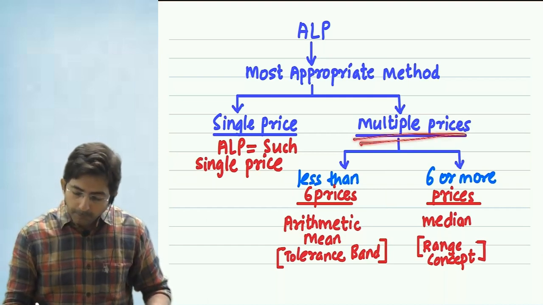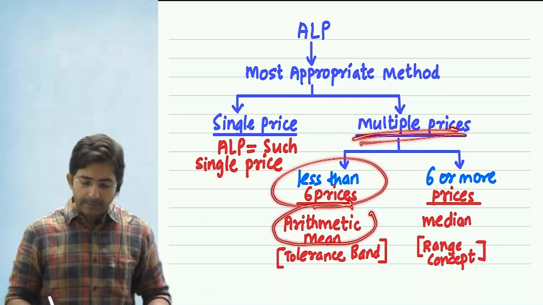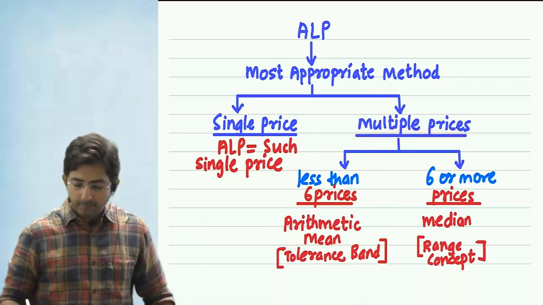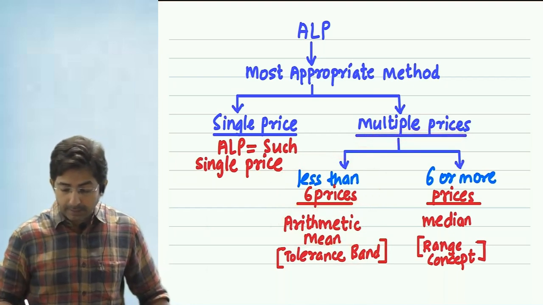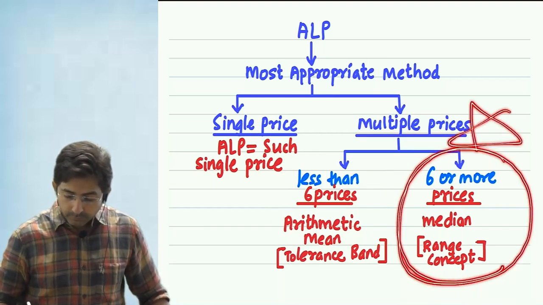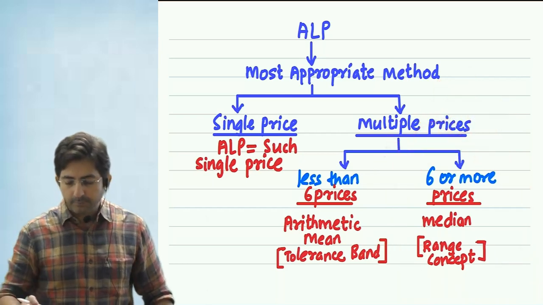But if multiple prices, in that less than 6, then arithmetic mean, and then there is a tolerance band of 3% of actual price. Now the next thing is, if there are 6 or more varieties, then what to do? This theory is important. So this I will take next.